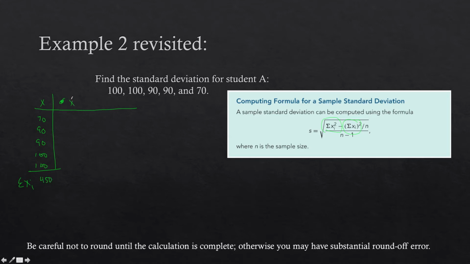Well, let's look at x squared now. X squared would be 70 squared, which is going to give us our 4,900. We've got 90 squared, and we've got 100 squared, which is going to give us our 10,000.